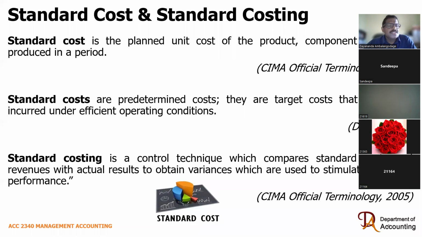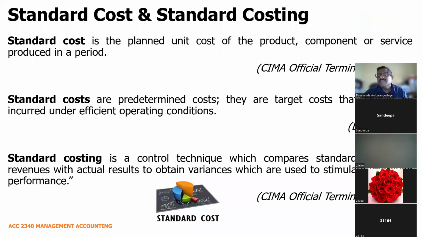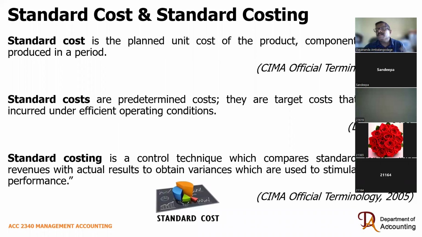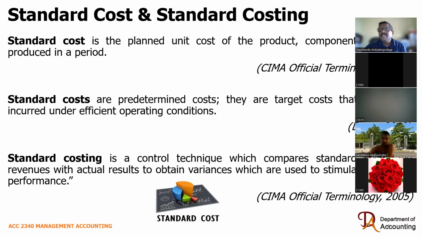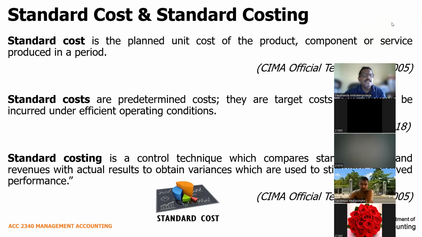If you look at Drury, of course, 2018 is the recent edition of the book. It says that predetermined costs, that are target costs, should be incurred under efficient operating conditions.